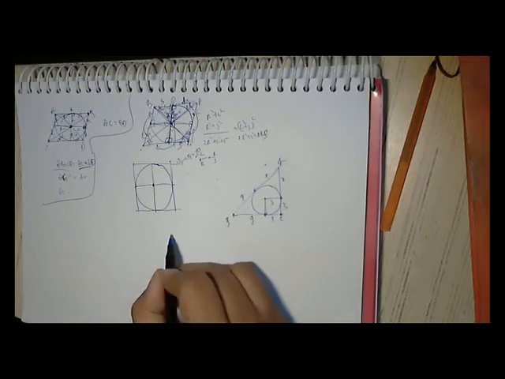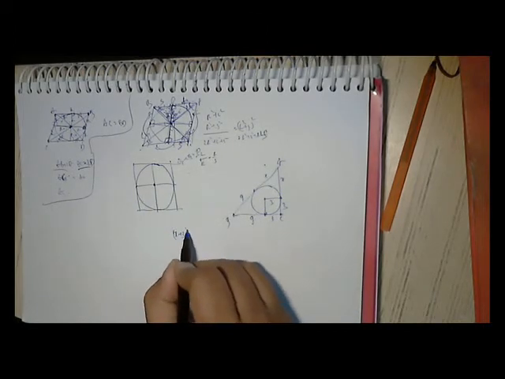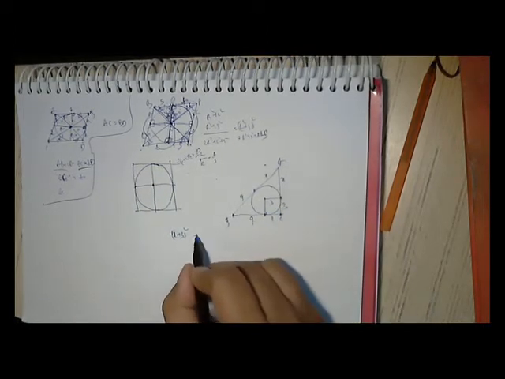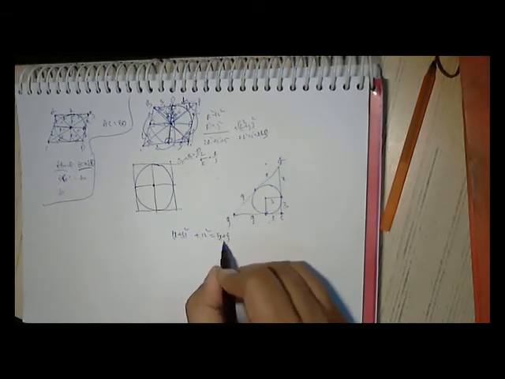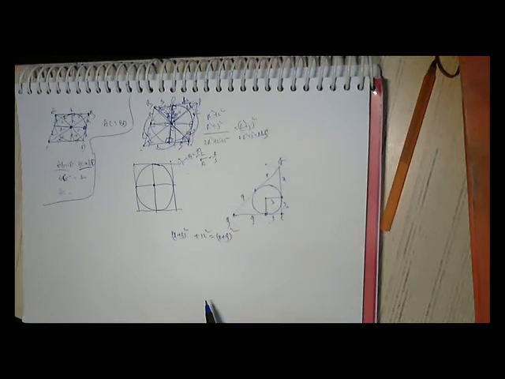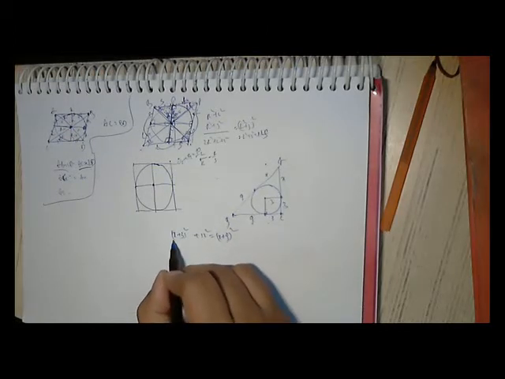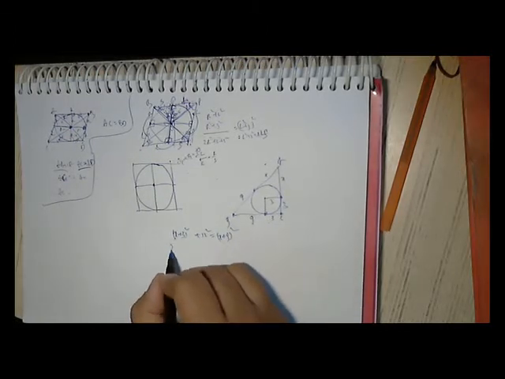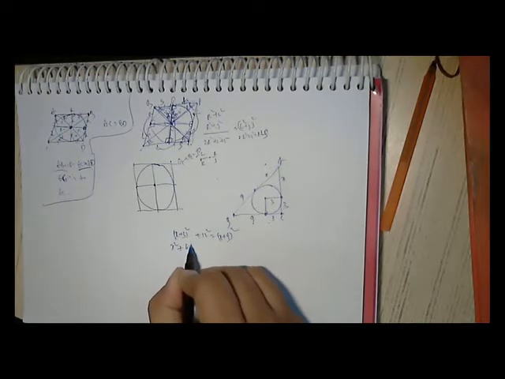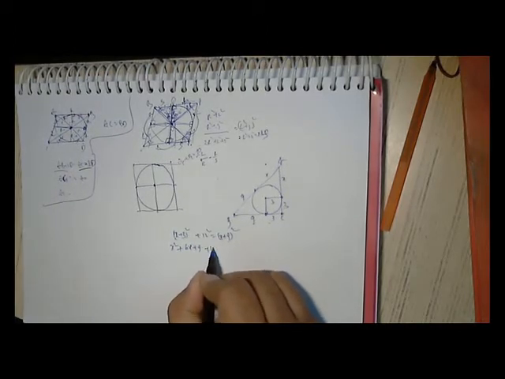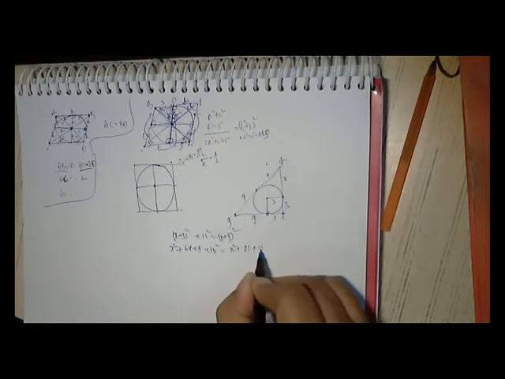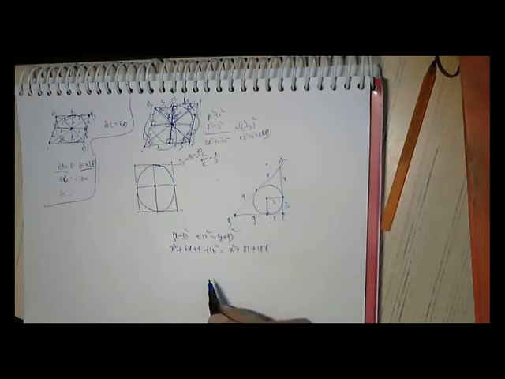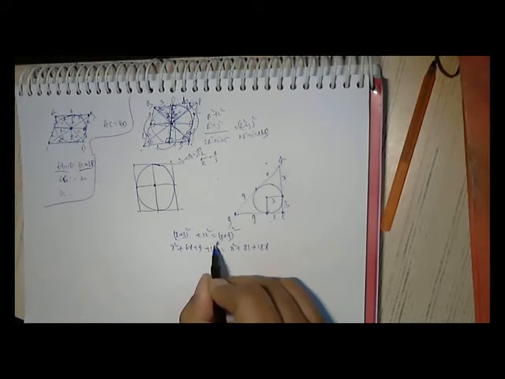So let us see. (x plus 3) whole square, a square plus 12 square is equal to (x plus 9) whole square. So when I solve this, x square gets cancelled. x square plus 6x plus 9 plus 12 square is equal to x square plus 81 plus 18x. 12 square is 144.